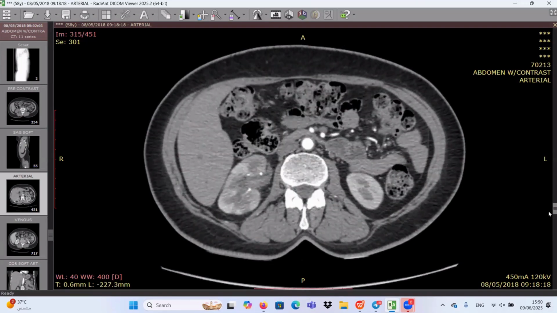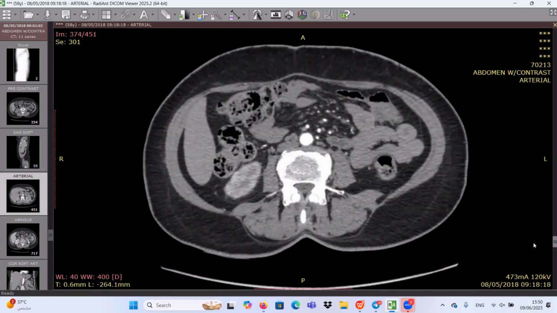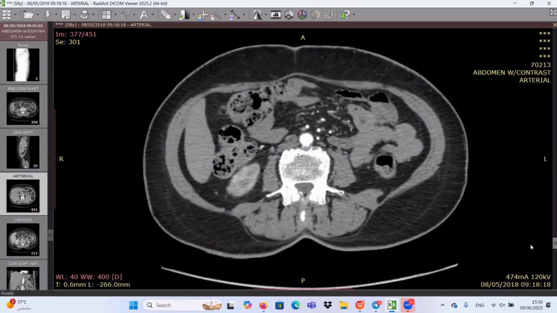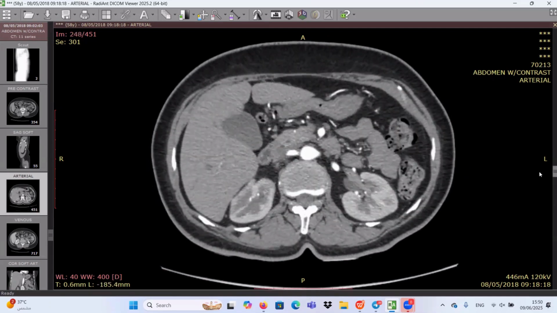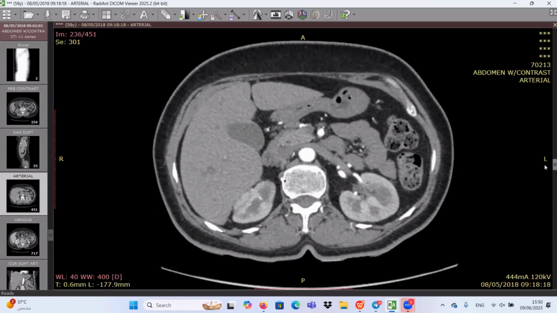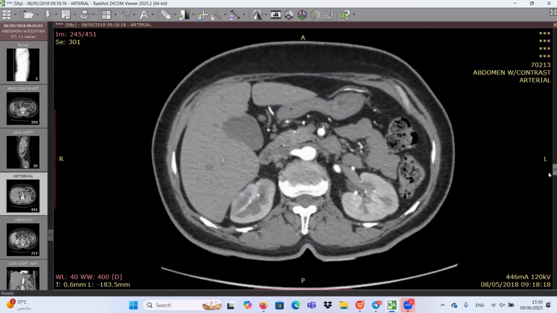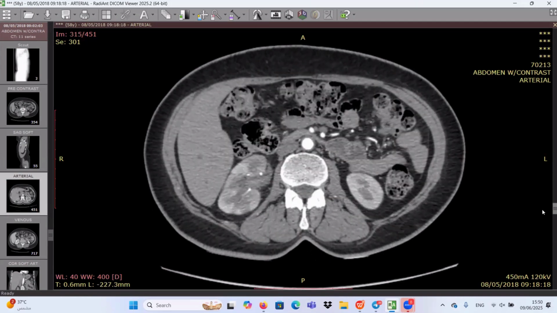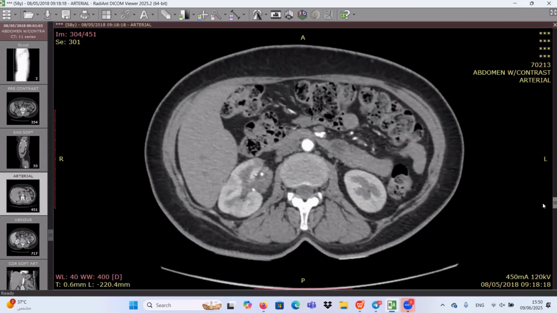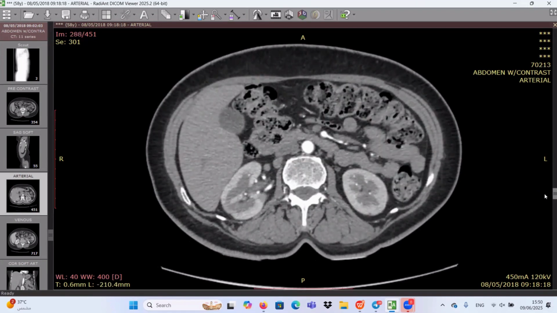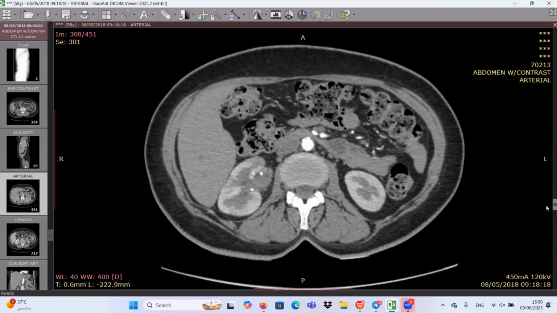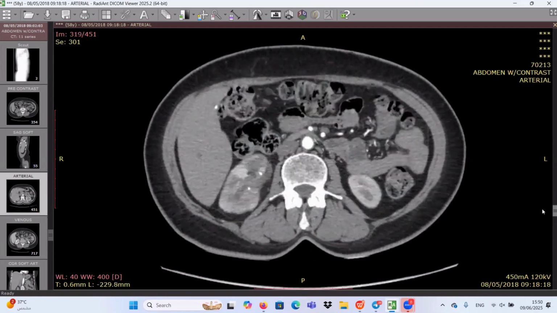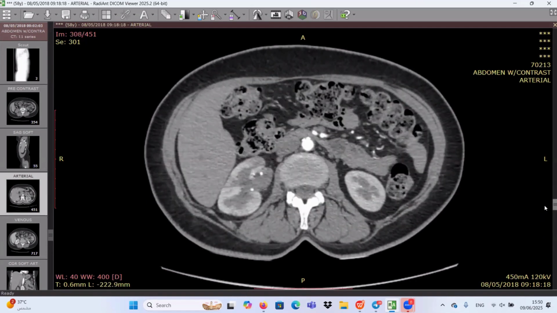Okay. So I'm noticing there is a soft tissue density, I think a mass lesion, seen within the right kidney renal sinus, with some internal vascularity within it, since this is the arterial enhanced phase.